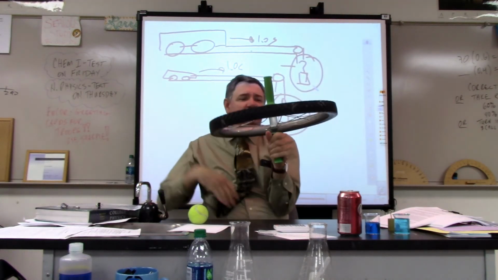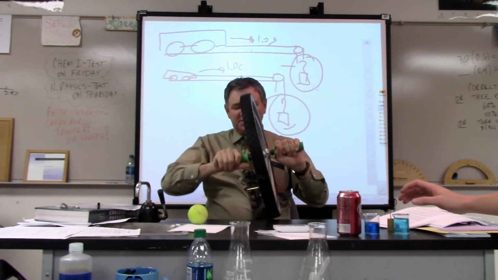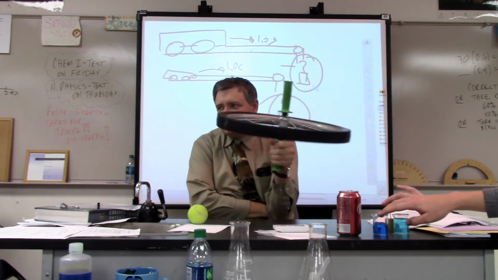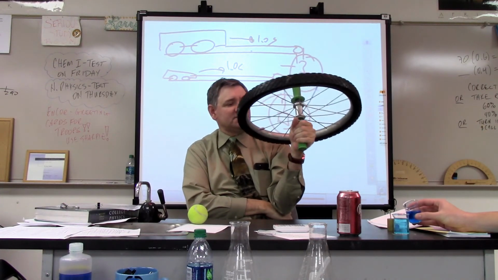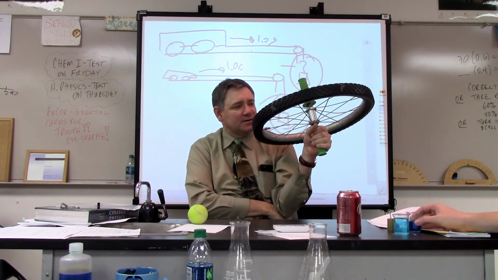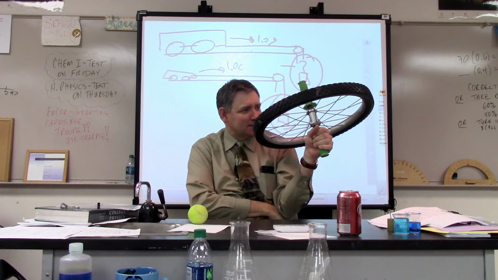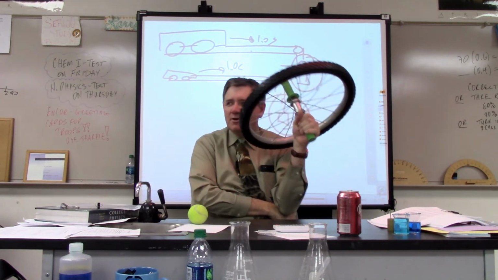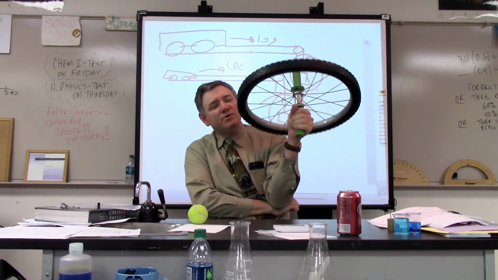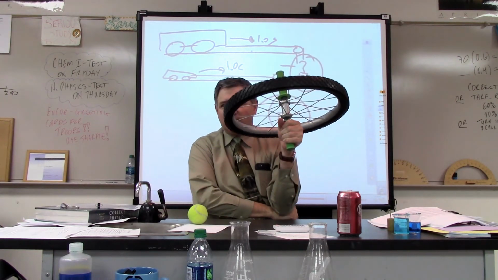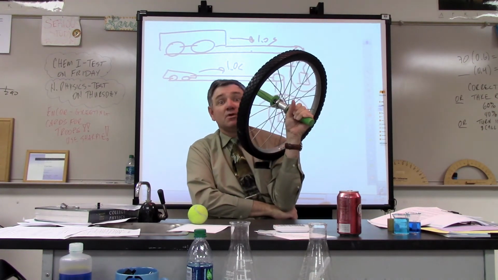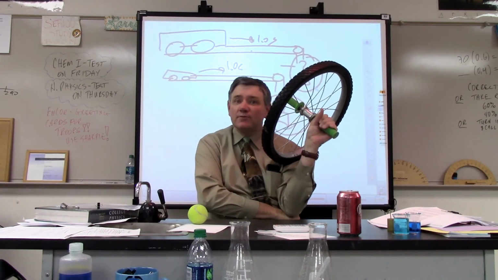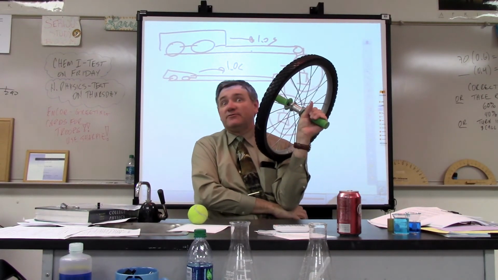Now, here's the deal. What is going to determine the acceleration of this wheel? What are some factors that will determine the angular acceleration of this wheel? Name one thing. The radius. Yes. What about the radius?